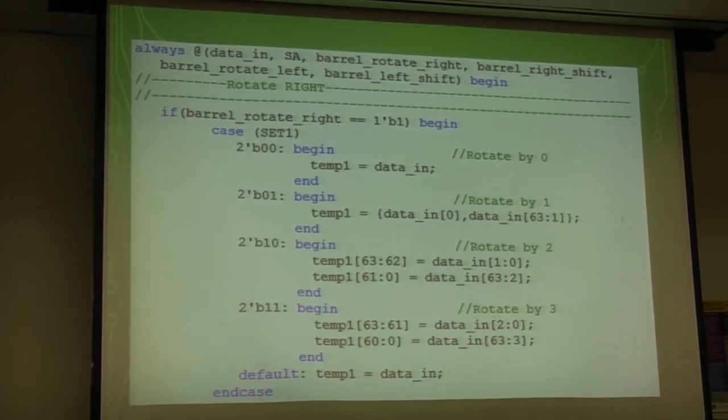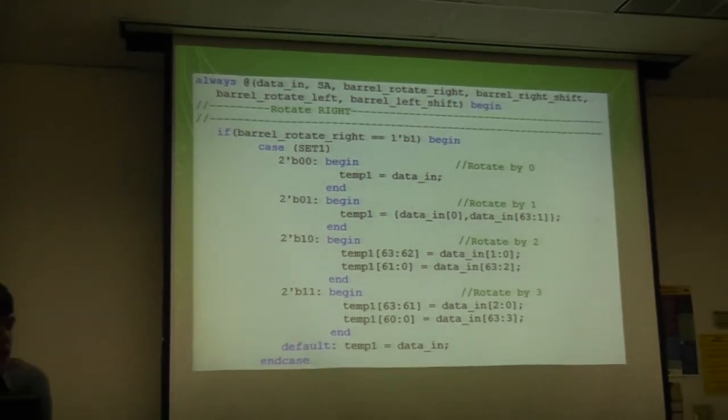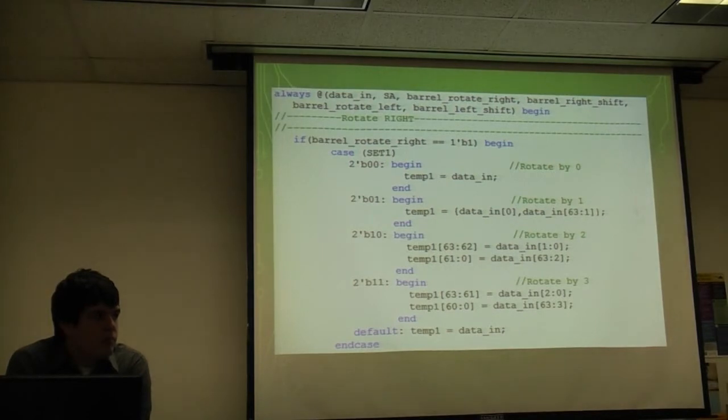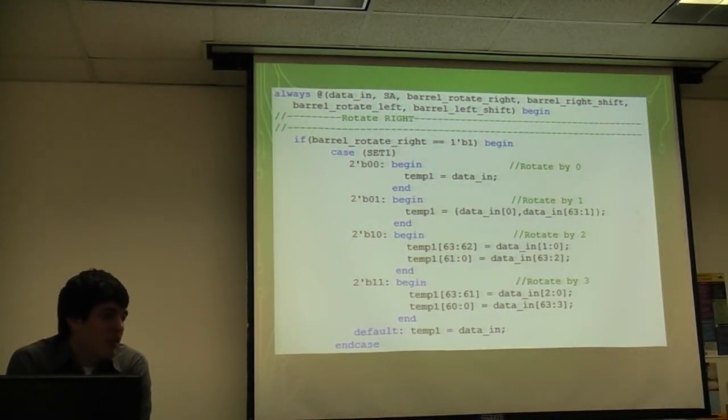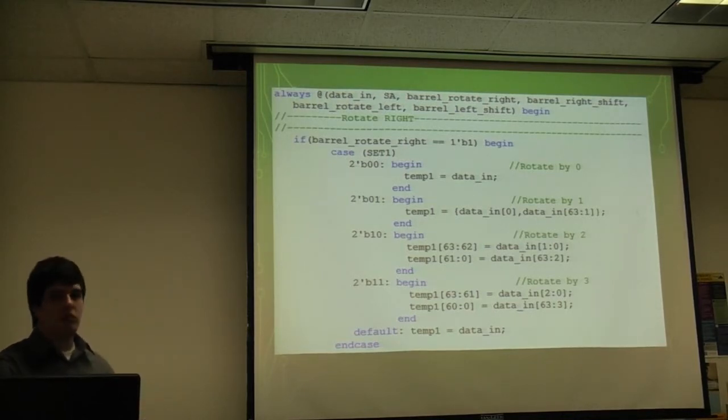Did you synthesize it and look at the hardware it produced compared to just using a case statement? Which one produces more hardware? We did not check for that. We ran out of time. Okay, I understand. It's always a good idea to see if this really helped, but that's if you've got time. That's a great point.